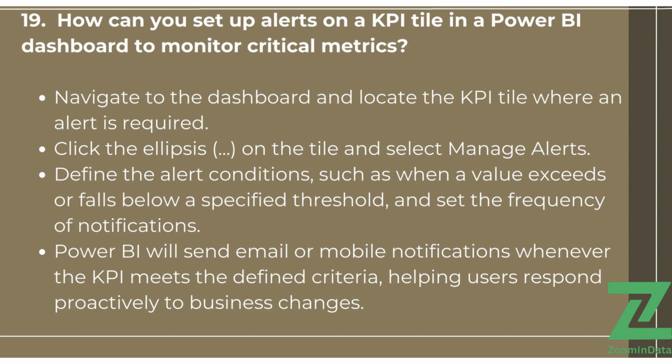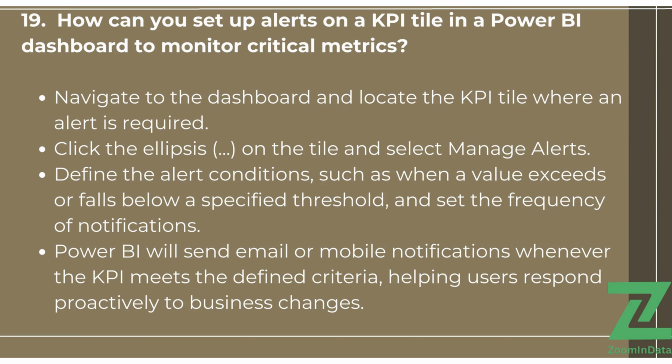19th question. How can you set up alerts on a KPI tile in a Power BI dashboard to monitor critical metrics? Navigate to the dashboard and locate the KPI tile where an alert is required. Click the ellipsis on the tile and select Manage Alerts.